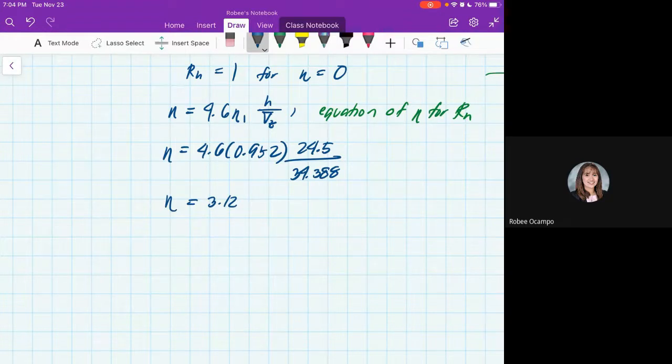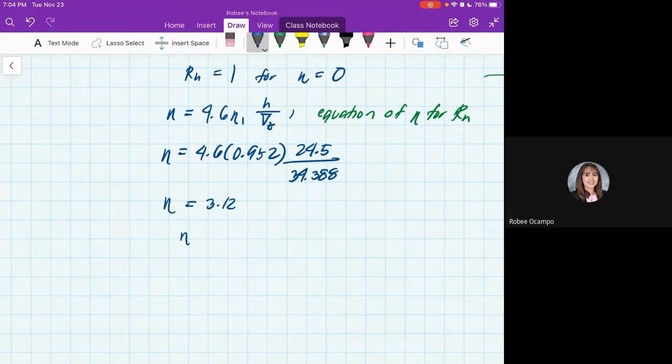So therefore, because nu is greater than 0, it means our RH is not equal to 1. So we still need to solve it.